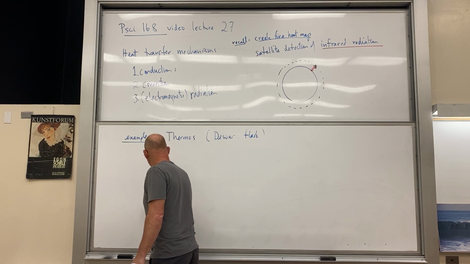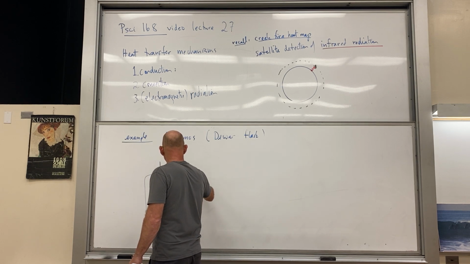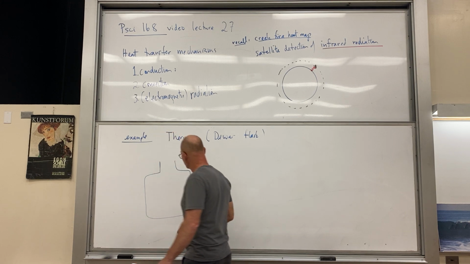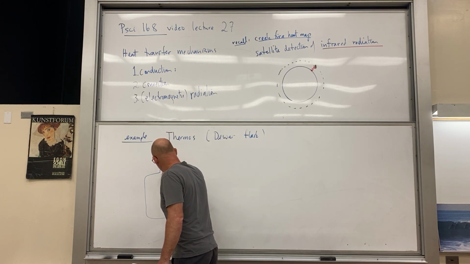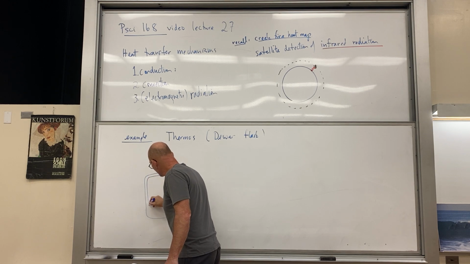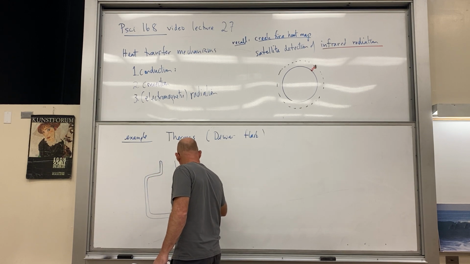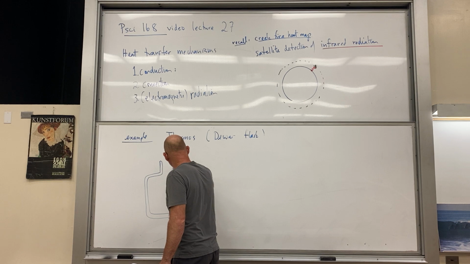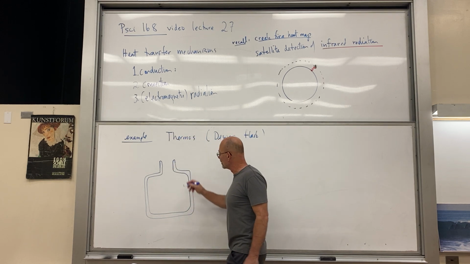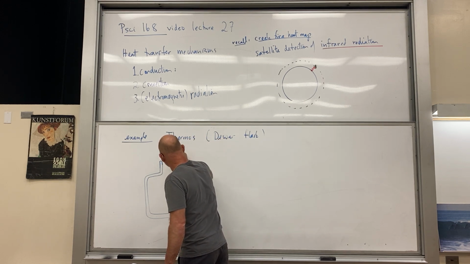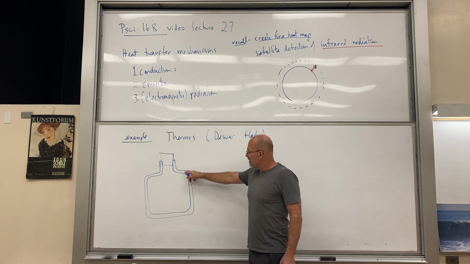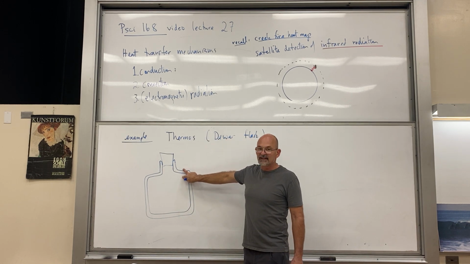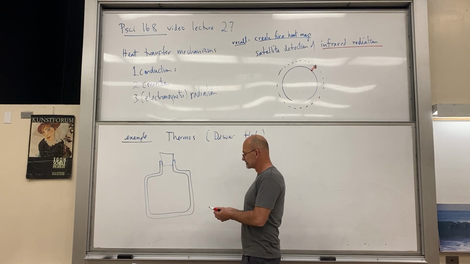Okay, so this is going to be the thermos. And why do I have two walls here, an inner and an outer wall? Put a cork in it. It is because we have vacuum between two layers of stainless steel or glass.